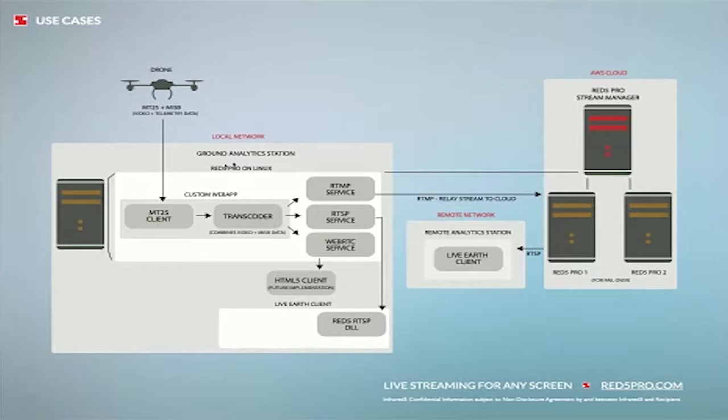They have these trucks with a ground Wi-Fi based system, which has a connection out to the internet. It's running a local Red 5 instance on a Linux machine there, transcoding the data coming in from the drone. Transcode is probably not the best word because it actually is H.264 video data coming in, but it's also combining it with this telemetry data and then pushing it out to the various other services.